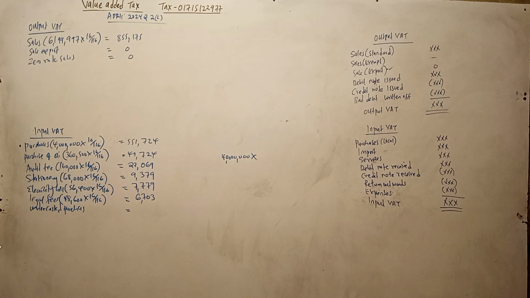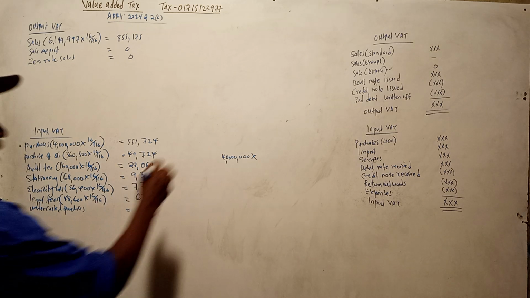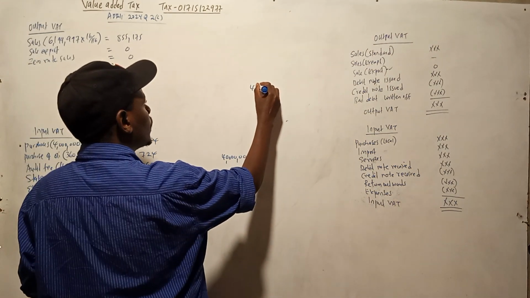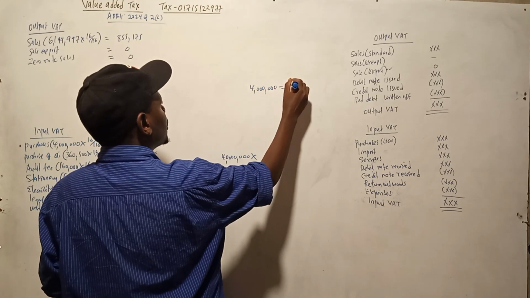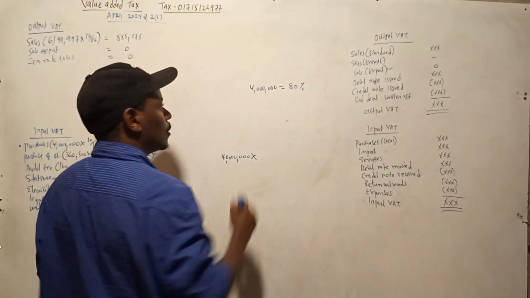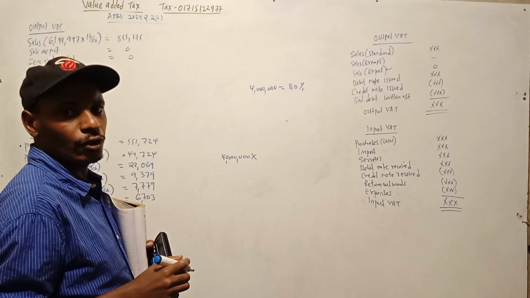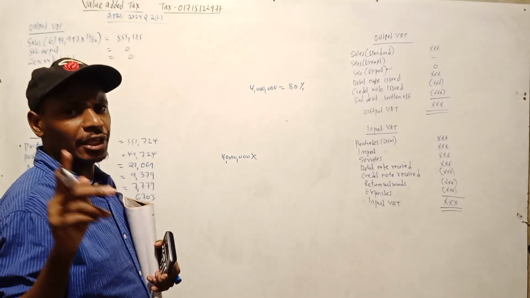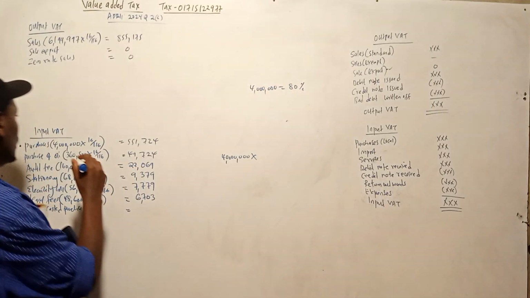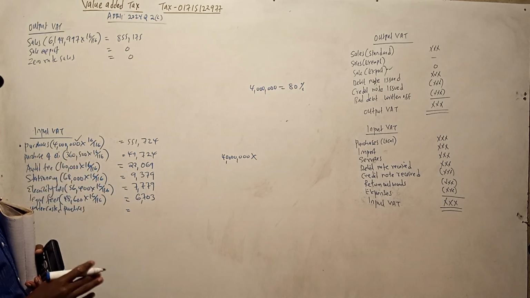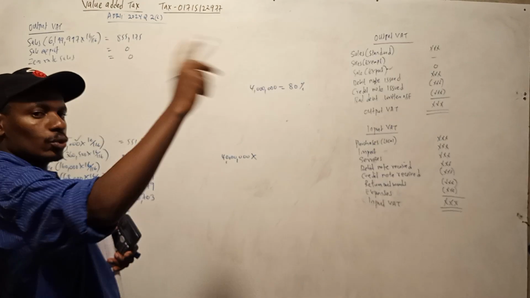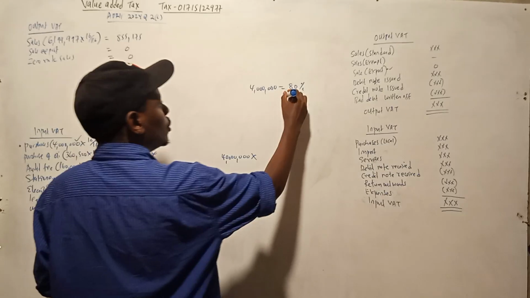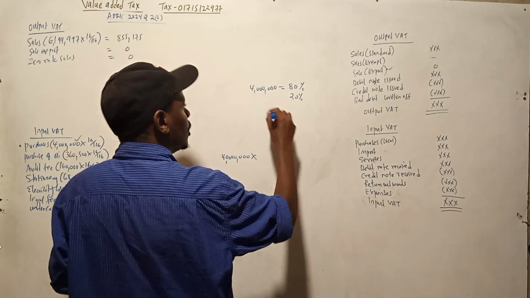The VAT officer established that the purchases were undercasted by 20%. Kumaanisha this 4 million represents 80%. Remember this figure is supposed to be 100%, but we're having 80%. So how much are we remaining to go back to 100%? So 20%. So this 20% is also vatable.